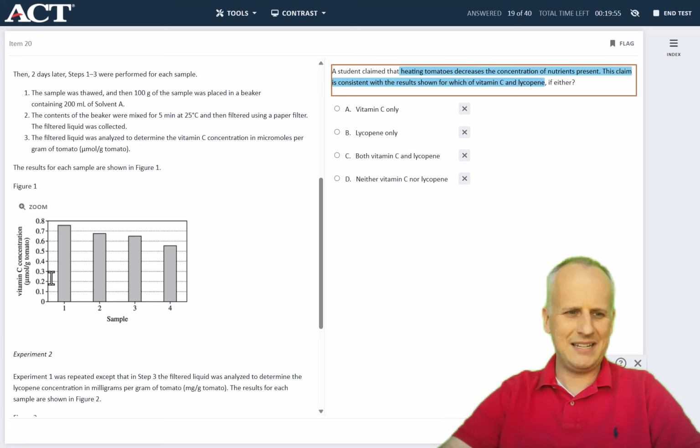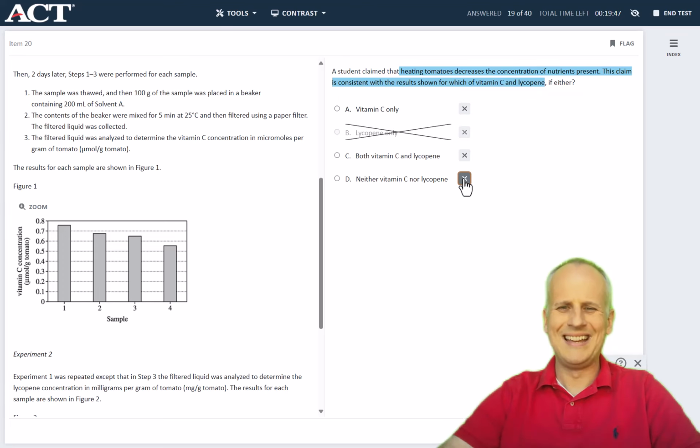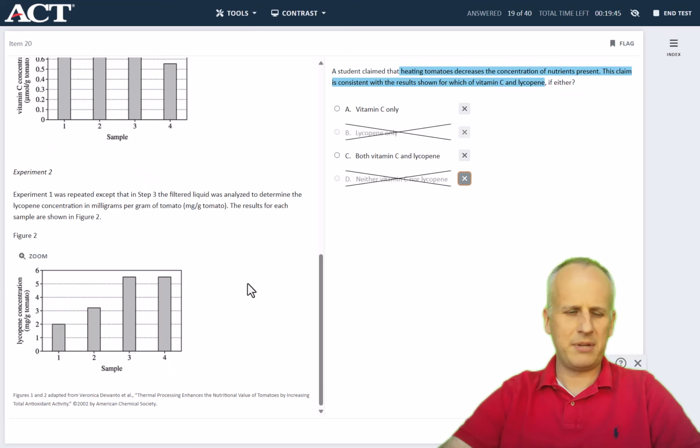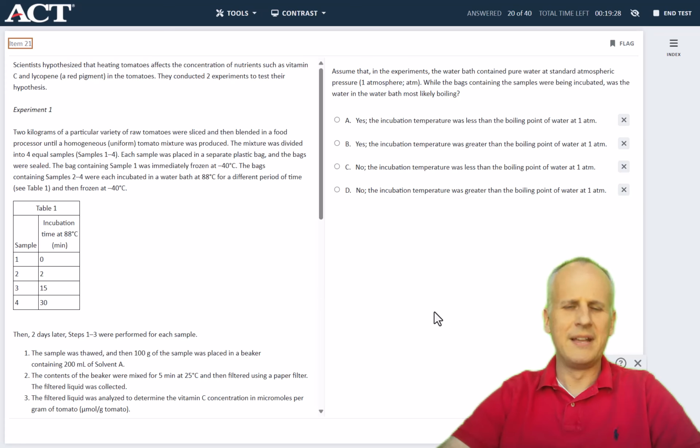So vitamin C as the y-axis variable certainly does decrease, so that eliminates lycopene only, and neither vitamin C nor lycopene. Then when we scroll on down to experiment 2, we can see that actually the frozen tomatoes had the least lycopene, and you get more lycopene as you heat the tomatoes, so it's not going to be both vitamin C and lycopene, it's just vitamin C only, and we move on to the next question.